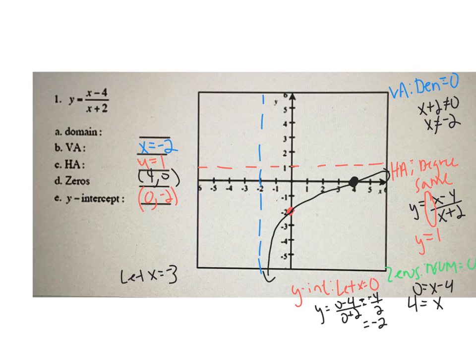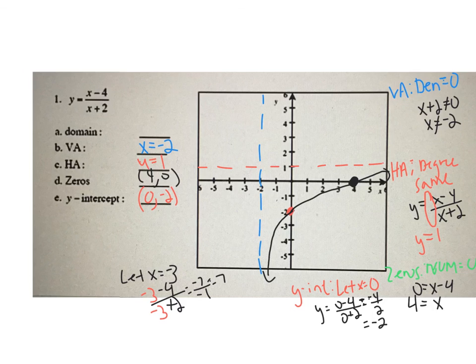If we plug in negative 3, that means we have negative 3 minus 4 divided by negative 3 plus 2. Negative 3 minus 4 is negative 7. Negative 3 plus 2 is negative 1. So negative divided by negative is positive. So this would be a positive 7.